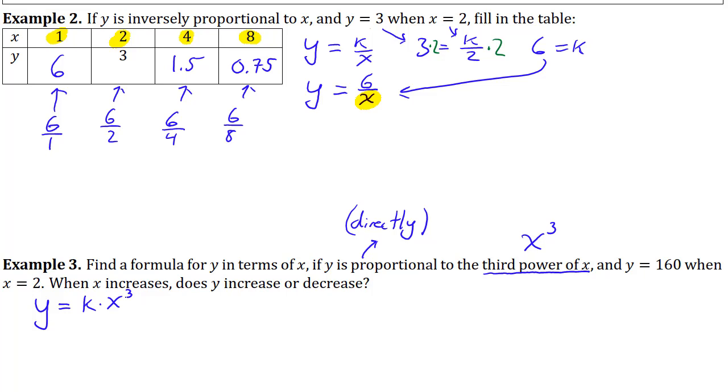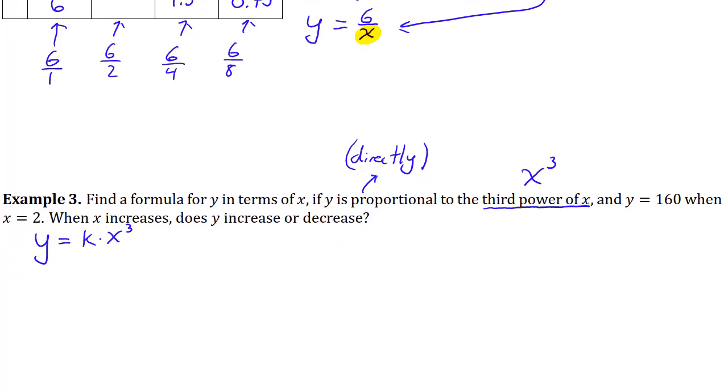And if you really want to find a formula for y just in terms of x, we don't have that yet. This is in terms of k and in terms of x. So just like always, you got to find the k before you really have the formula. And you can do that using the y equals 160 and the x equals 2 to give you an equation with only the variable k in it. So that would look like 160 equals k times 2 to the power 3. And 2 to the power 3 is 8. So this basically says 160 equals k times 8.